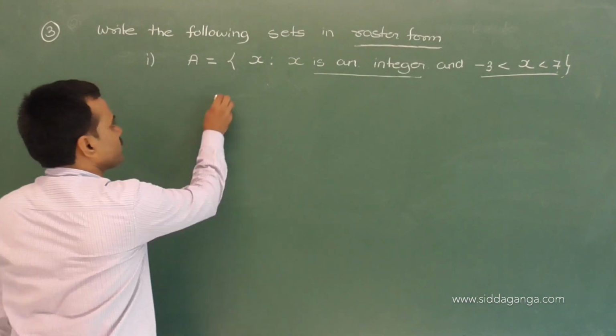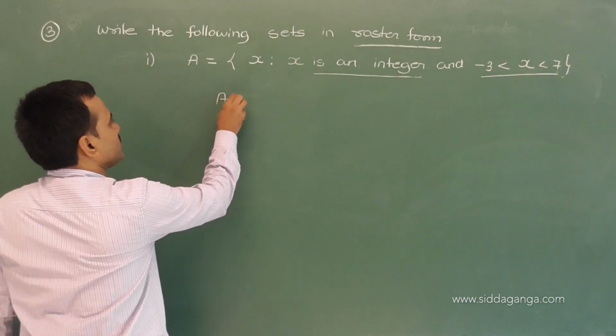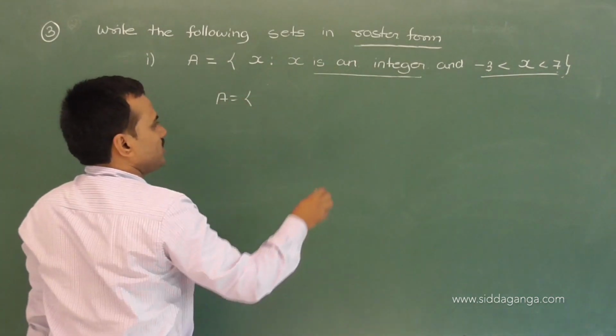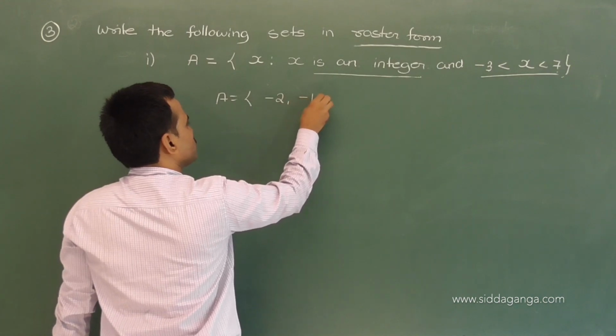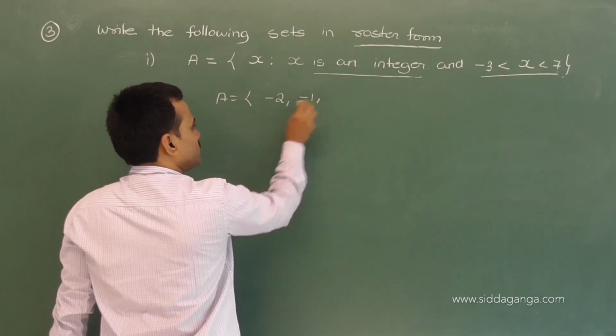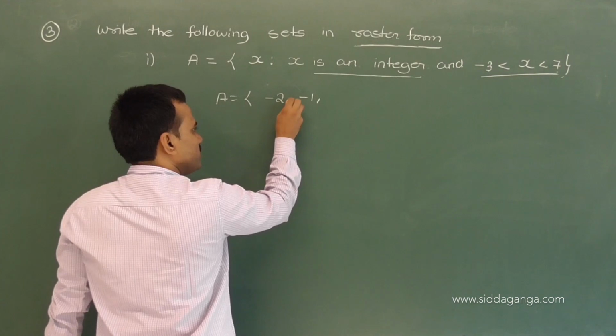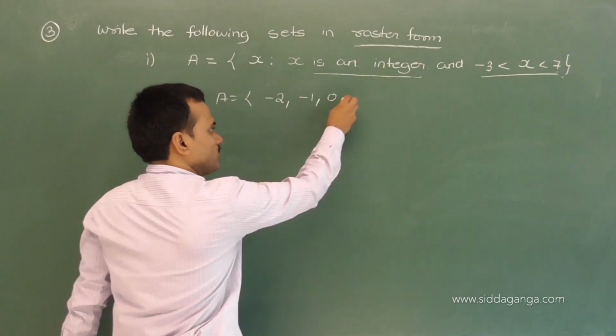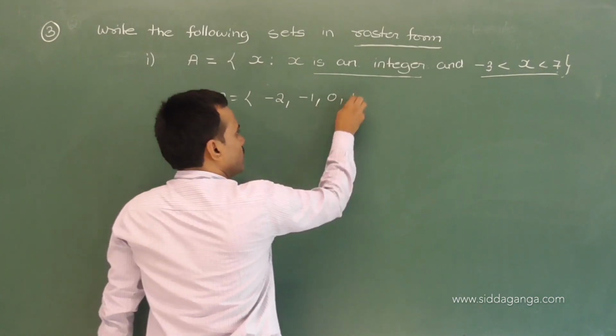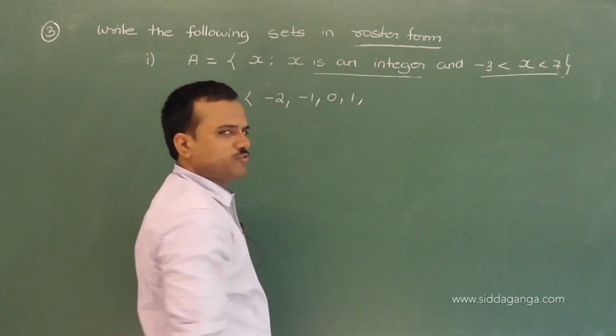So we write A, the set of all integers: -2, -1. We write a comma to differentiate two elements. Then after that 0, 1. Roster form means what?